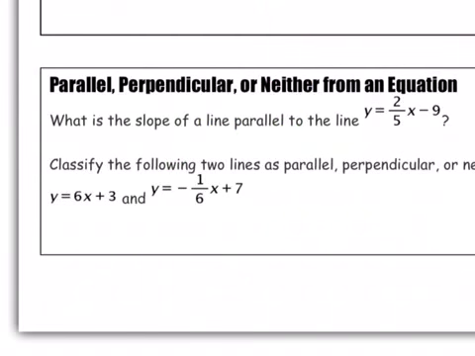All right, very last thing. Super simple. Now back to that parallel, perpendicular, or neither, and we've got our equation. So we need to know what is the slope of a line parallel to the line y equals 2/5x minus 9. Well, if you remember, y equals mx plus b. M is our slope.